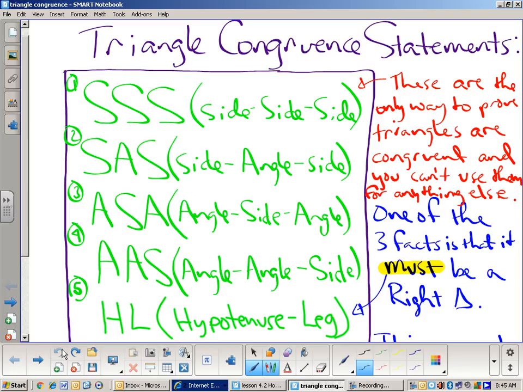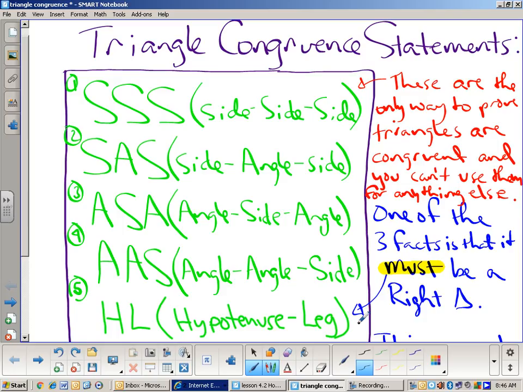And then, also on every one of those five, it takes three facts to prove that those triangles are congruent. It takes three facts to use them. Even in HL, where it says hypotenuse leg, one of the three facts is that it must be a right triangle. That's what I'm saying here in blue.